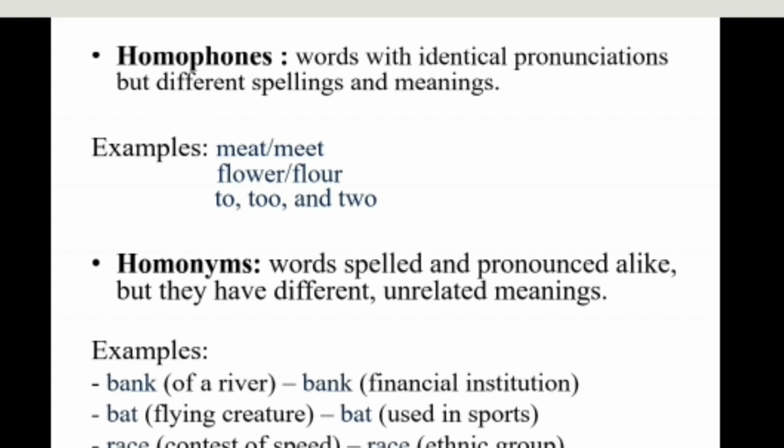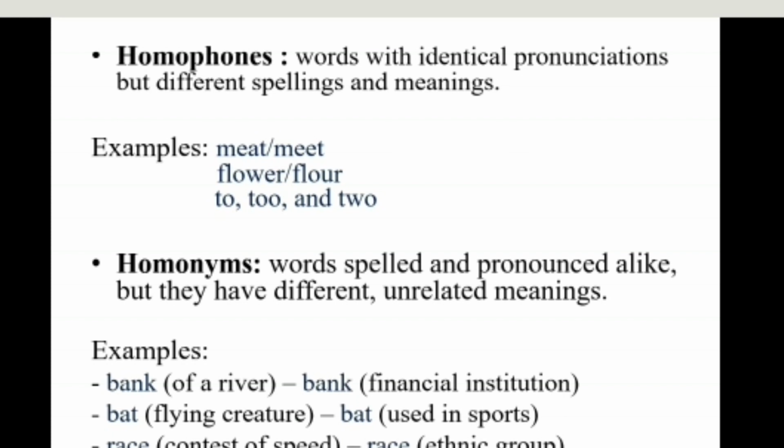As you can see in the following examples, bank can refer to the side of the river, or it can refer to the financial institution where we deposit our money and so on. Or the word bat, for example, it refers to the flying creature, that is to say a kind of animal that typically appears at night, or it can refer to a stick we use in certain sports, like in baseball.